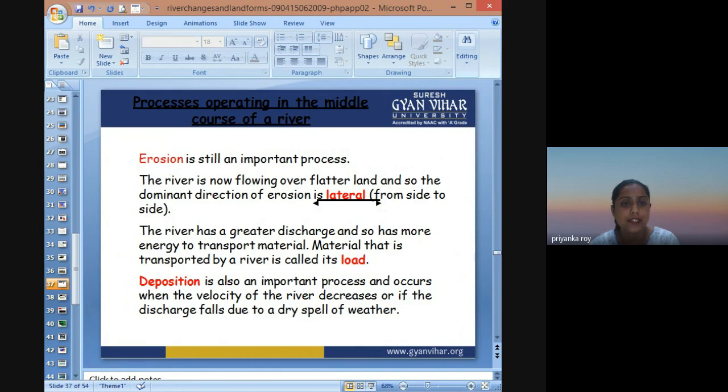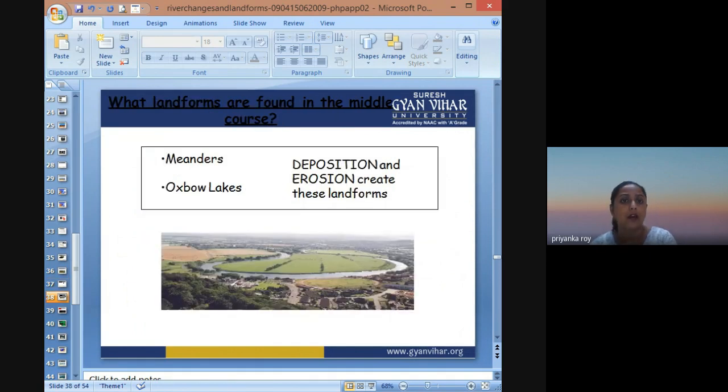The material that is transported by the river is called its load, and deposition is also an important process, occurring when the velocity of a river decreases, or its discharge falls due to a dry spell of weather. So water landforms are more found in middle courses, that is meander, oxbow, deposition, and erosion, creating these types of landforms.